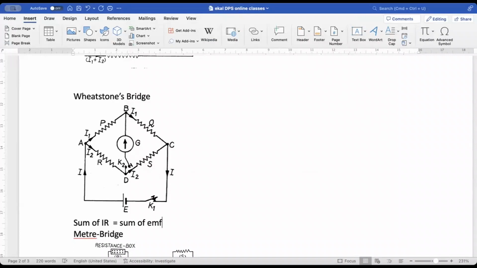The most important thing in this is we have to be very careful while selecting the loop, and most importantly, the direction of the loop. We know that current always flows from positive to the negative of the battery. So whenever you select the loop, you can select it in any of the directions, but you have to be careful about the direction of the current.